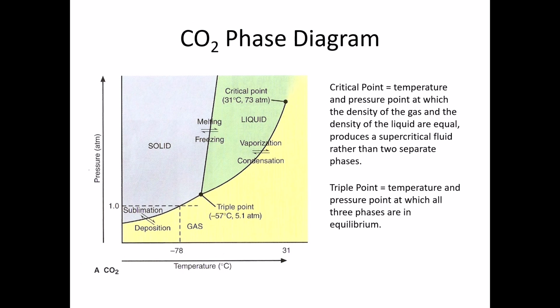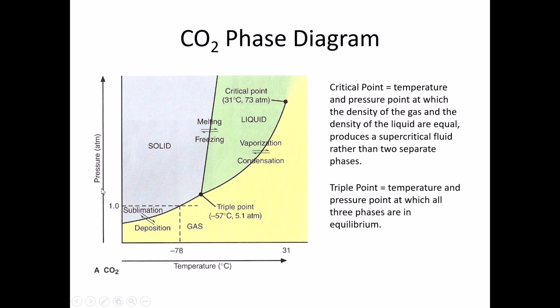So if we look at the phase diagram for carbon dioxide, or CO2, we can find our lines. Here is our boiling point or vapor pressure line going up to the critical point. Here's our melting line, nearly vertical, and here's our sublimation line. And in the middle we have our triple point.